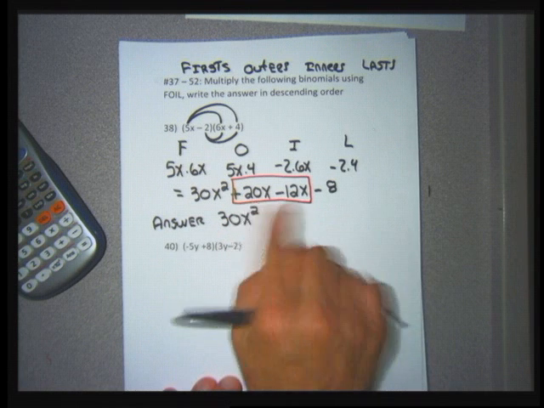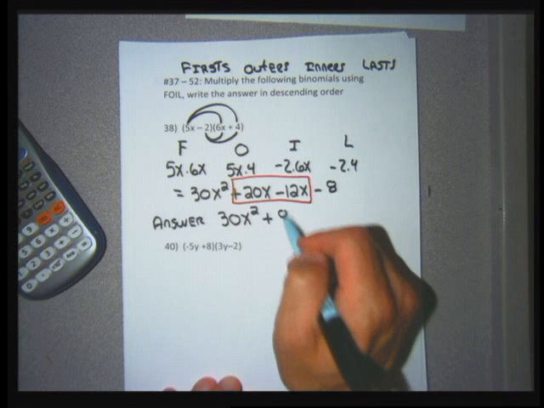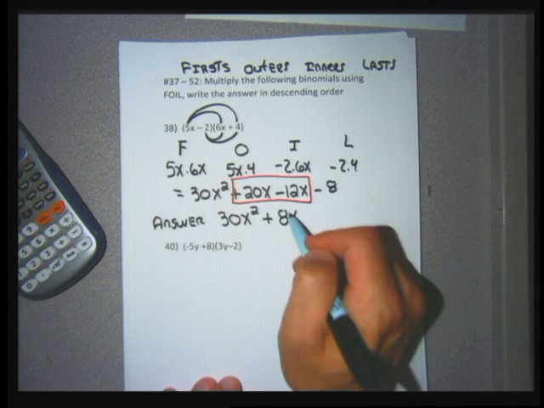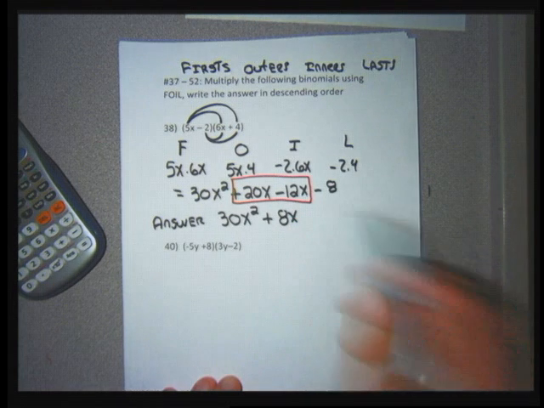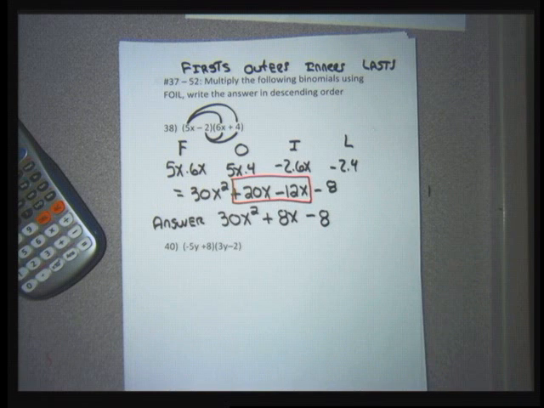The 20x minus 12x is going to give me a positive 8x because 20 minus 12 is positive 8. And when you're adding or subtracting, the letters don't change. The minus 8 is going to be part of my answer. It's not going to combine with anything because there isn't another term that doesn't have a letter. That's it for 38. I have an answer that's acceptable.